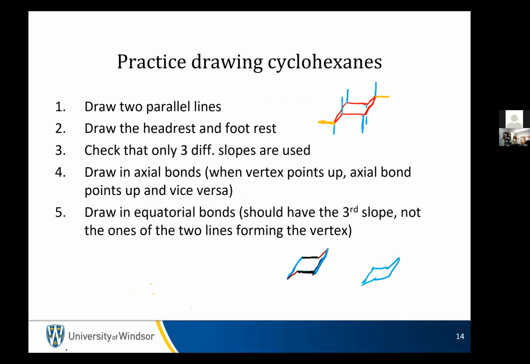My equatorials are going to be parallel to the one set of parallel lines that is not on that carbon. This carbon is attached to the blue and red parallel lines, so its equatorial bond should be parallel to the third set, the black ones, and those are just absolutely planar. They're just hydrogens in this case, so I'll put some hydrogens on the end.